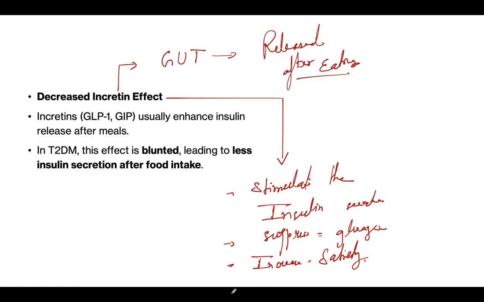In type 2 diabetes, the gut hormone activity, that is the incretin activity, decreases. Incretin usually enhances insulin release after a meal, so when its activity decreases, this effect gets blunted and there is less insulin secretion after food intake.